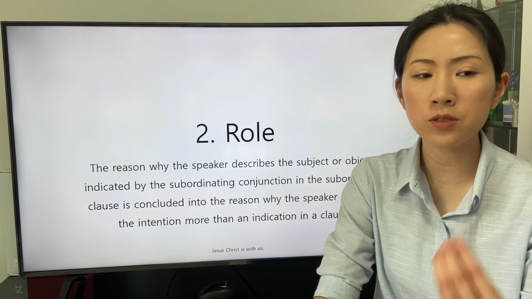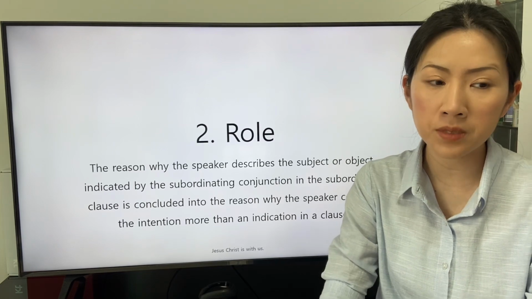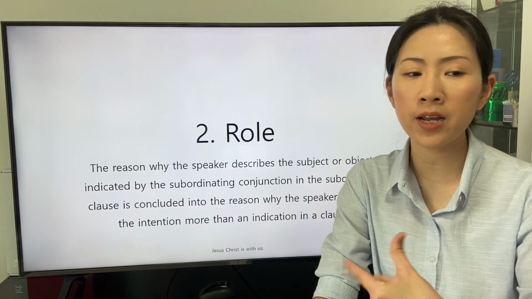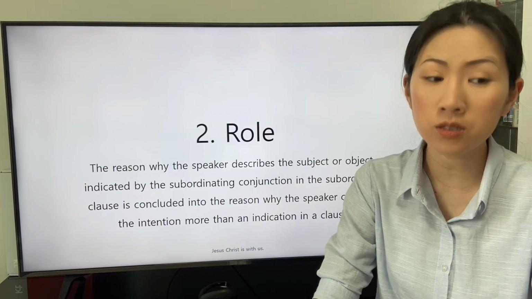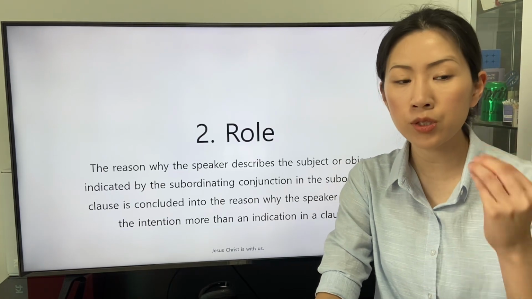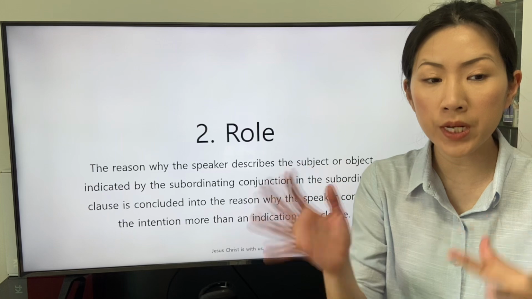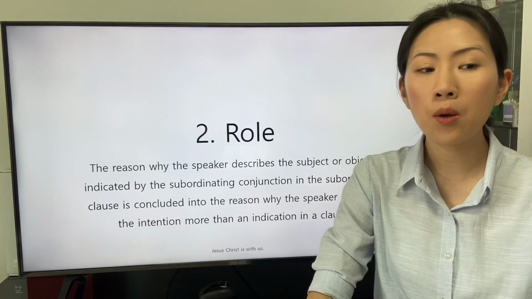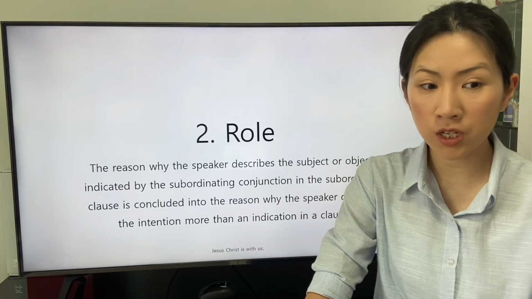The reason why the speaker describes the subject or object indicated by the subordinating conjunction in the subordinate clause is concluded into the reason why the speaker conveys the intention more than an indication in a clause.